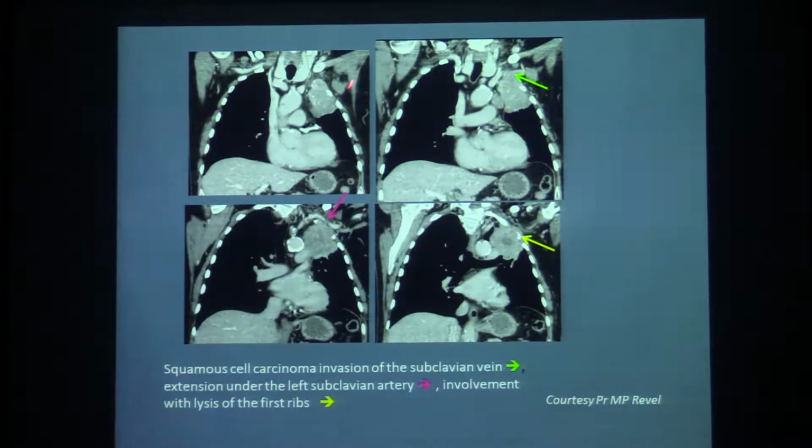And this is an upper lung lesion which goes, you see, under the subclavian artery, exactly where the aortic arch goes, and destroys the ribs, and it explains very well why this cancer has been discovered, because the patient has a Horner syndrome.